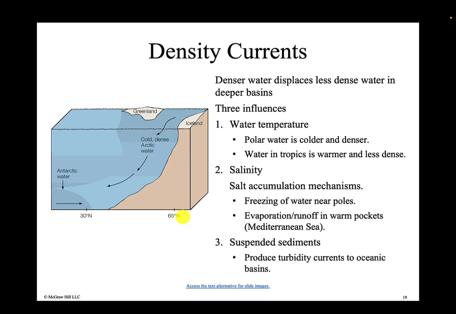Salinity is also another factor. The higher the salinity, as you can imagine, the higher the density of that water. And the higher the density, the more it will displace the less dense water. So the higher the salinity, the easier it will displace that water.